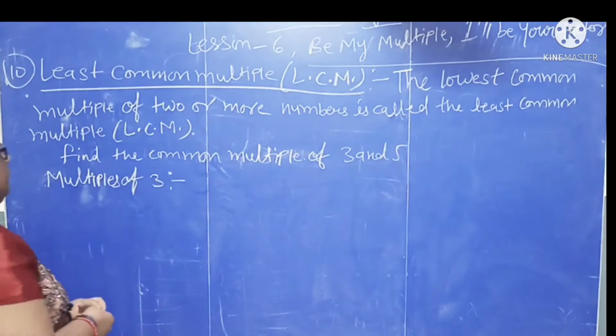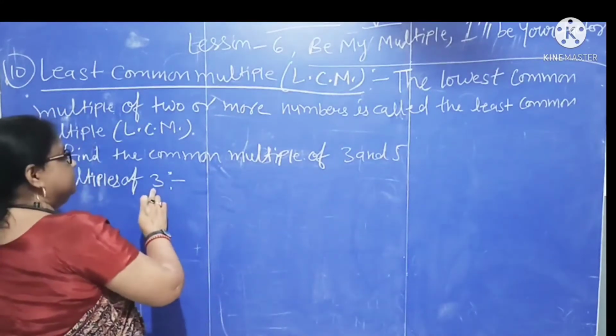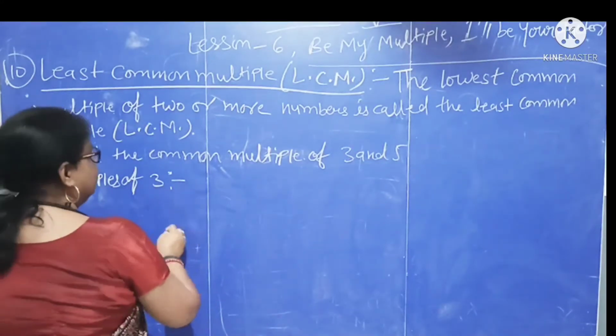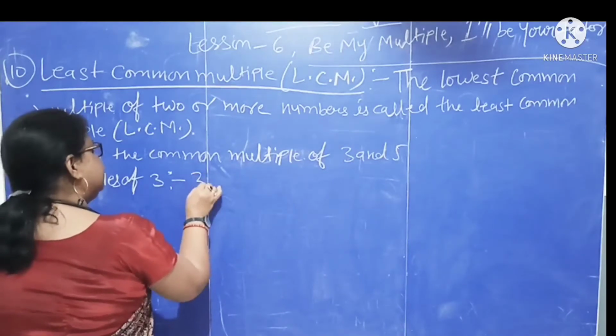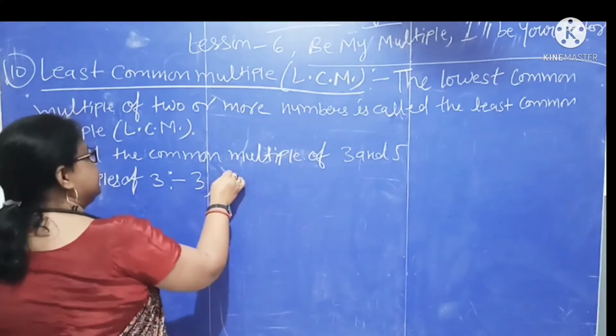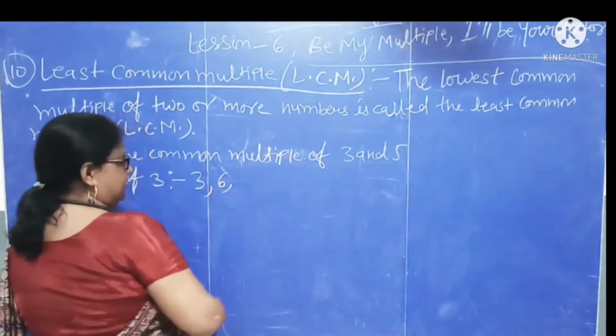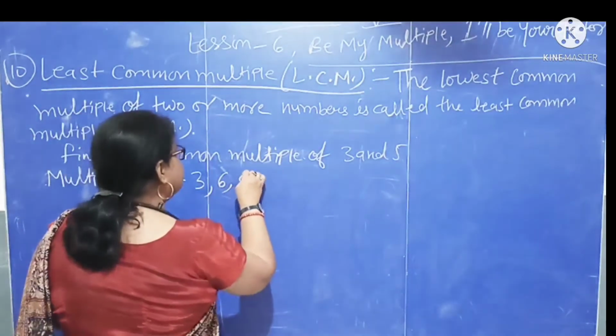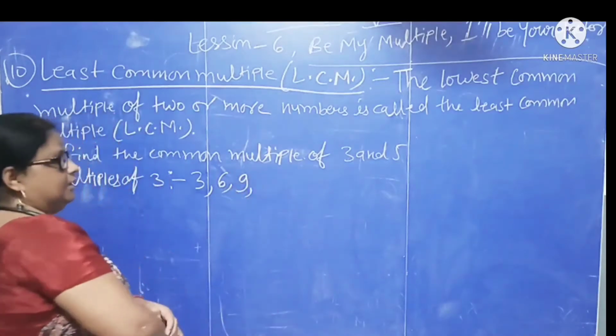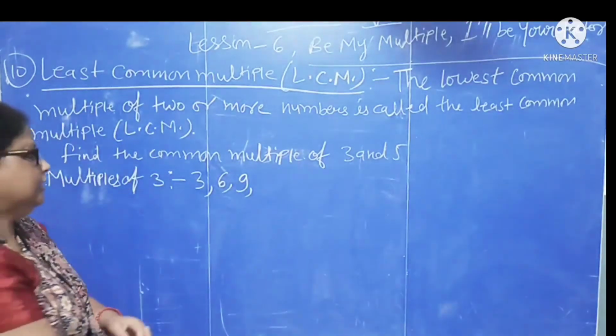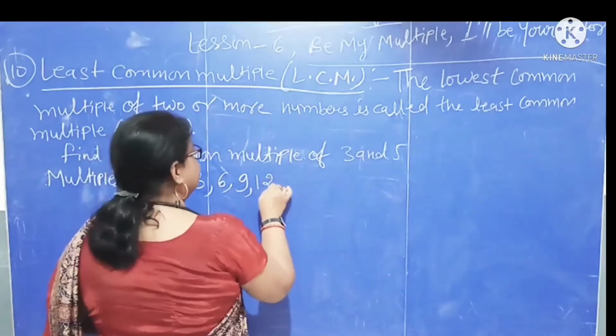Now we multiply 3 by 1. So here is 3. When we multiply by 2, we get 6. When we multiply by 3, we get 9. When we multiply 3 by 4, we get 12.